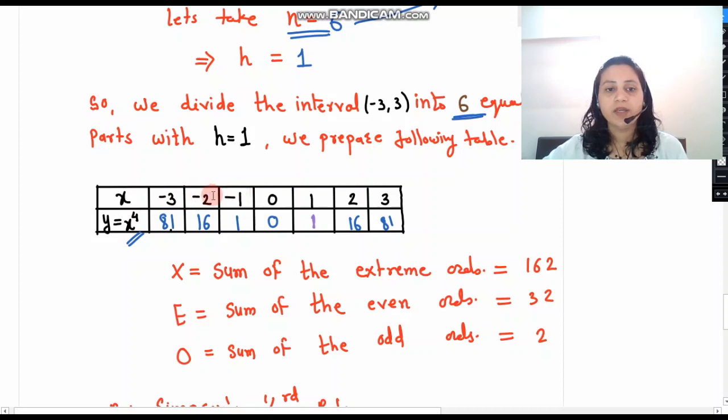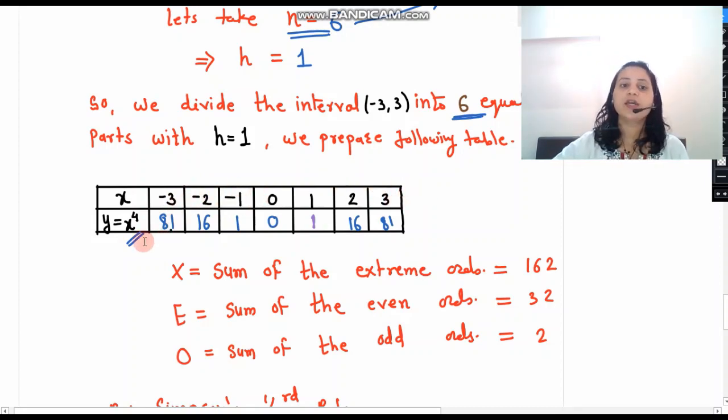So one by one, substitute all the values in the given function, that is x raised to 4, and you will get all the corresponding values. Okay, when I substitute minus 3 here, I will get minus 3 raised to 4, that means 81. When I substitute minus 2, minus 2 raised to 4 will get 16, and so on, right?